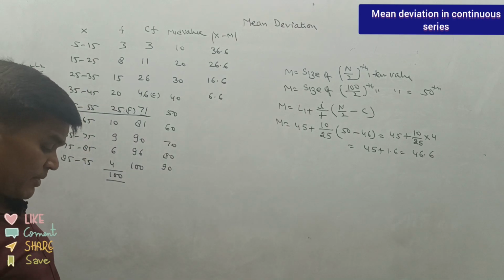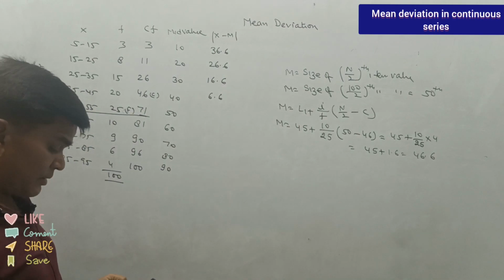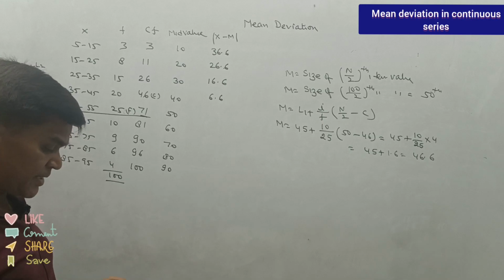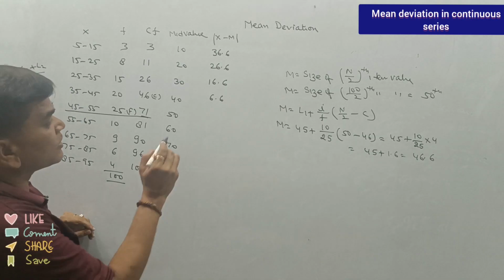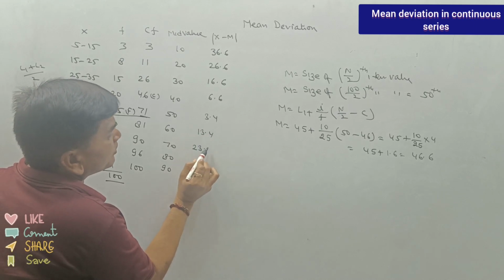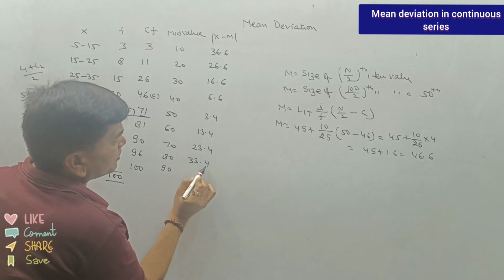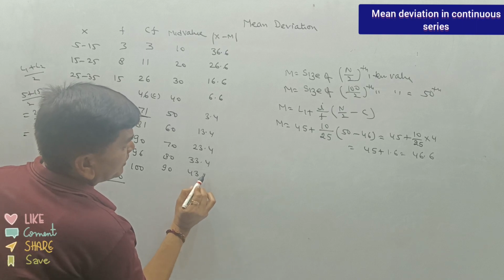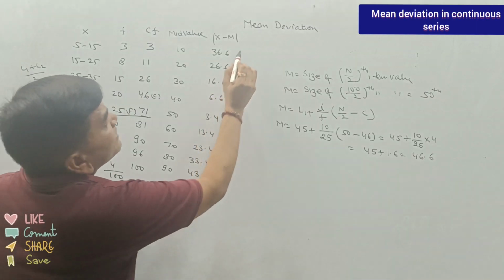Next, 50 minus 46.6 is 3.4, then 13.4, then 23.4, then 33.4 and then 43.4. This is |x minus M|.